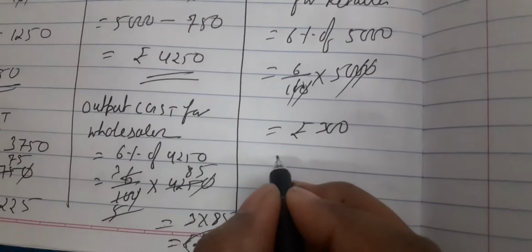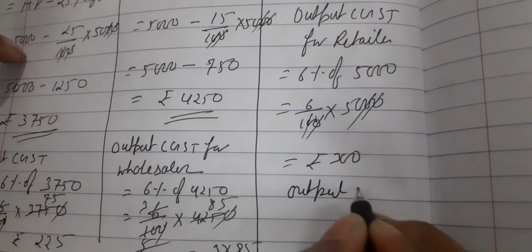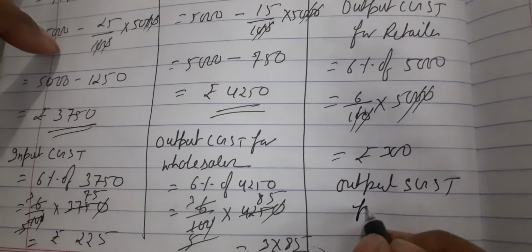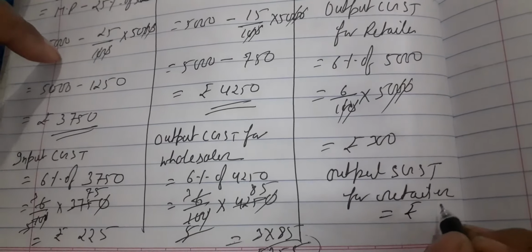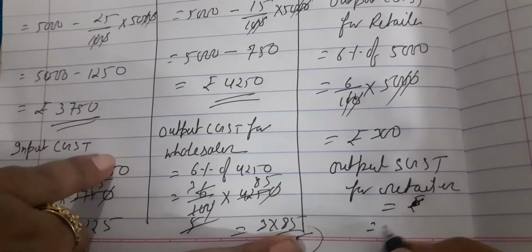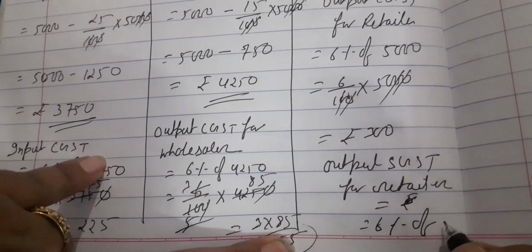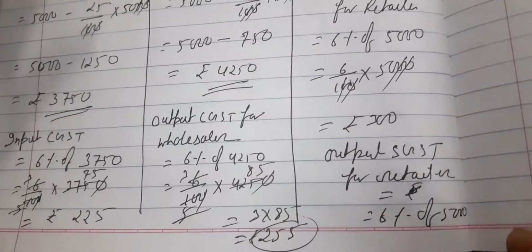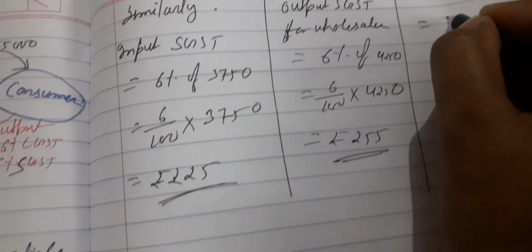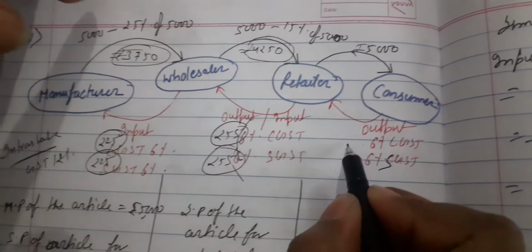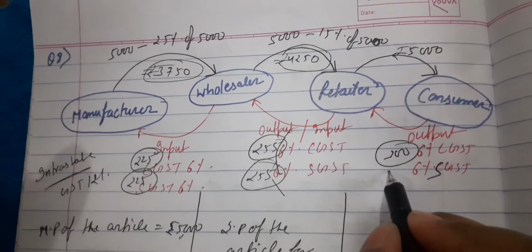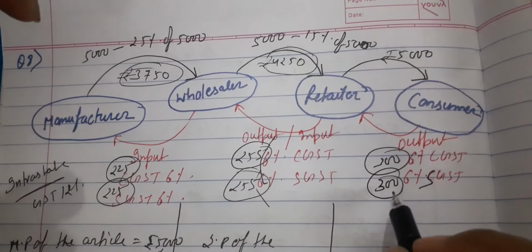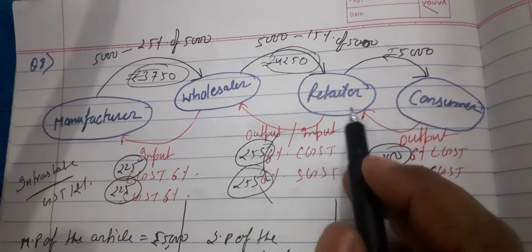And similarly, output SGST for retailer is 6% of 5000, and that will be again rupees 300. Please show here on the diagram. It means consumer will pay 300 rupees tax to central government, and 300 rupees as SGST to state government via retailer.